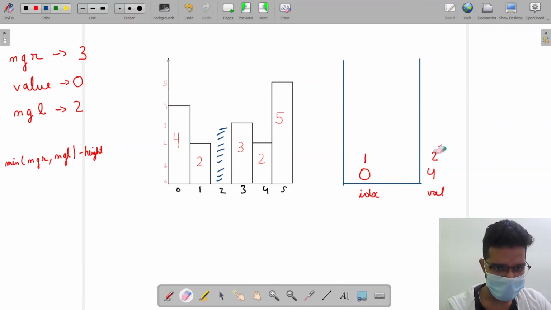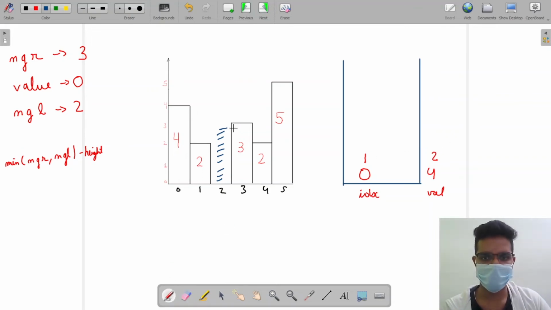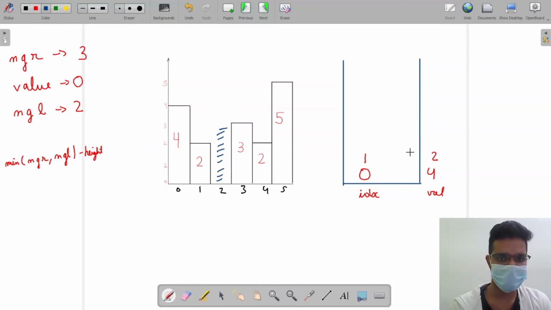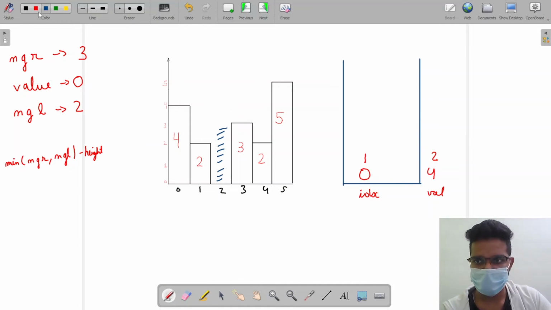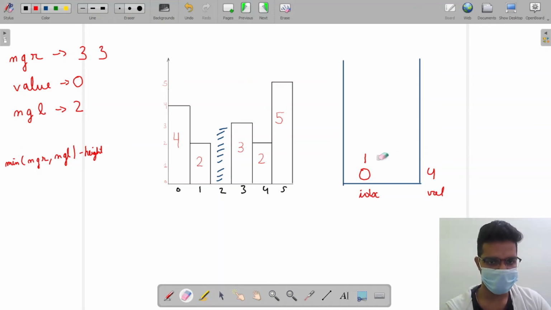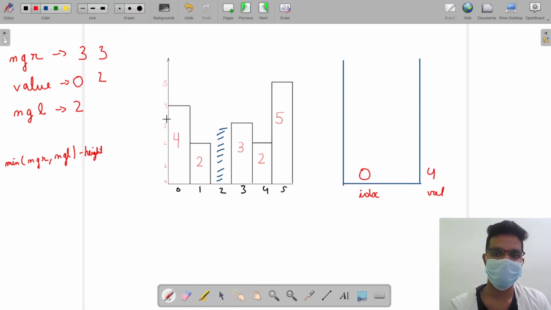Now I'm going to check if 3 is greater than the top element of our stack. Yes, it is greater. So again, this time 3 is the next greater right for the top value of our stack, that is 2. We are going to pop our value 2. Now what is the next greater left?